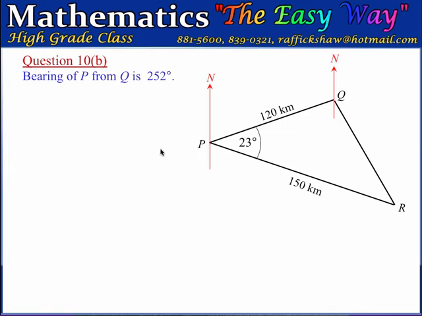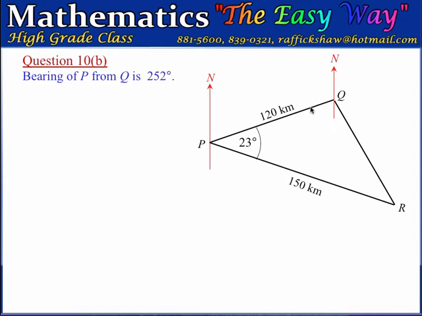Let us say I wanted to demonstrate the bearing of P from Q, which we are told is 252 degrees. I would have to stand at Q, which is the from position, face north, and then turn to the right to face P. When I'm facing P, it means that I would have turned from the north direction 252 degrees to face P. And that would be the bearing of P from Q.